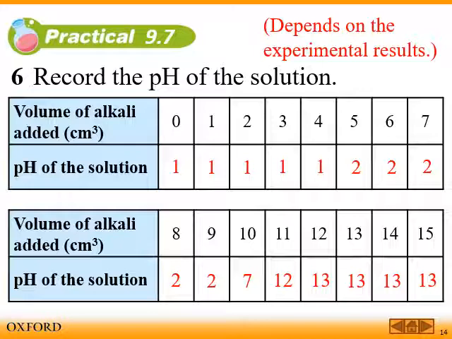Why will the pH value rise? As you remember, hydrochloric acid, of course, is acidic. But sodium hydroxide is alkaline. So the alkaline substance would neutralize the hydrochloric acid so that the pH value would rise.